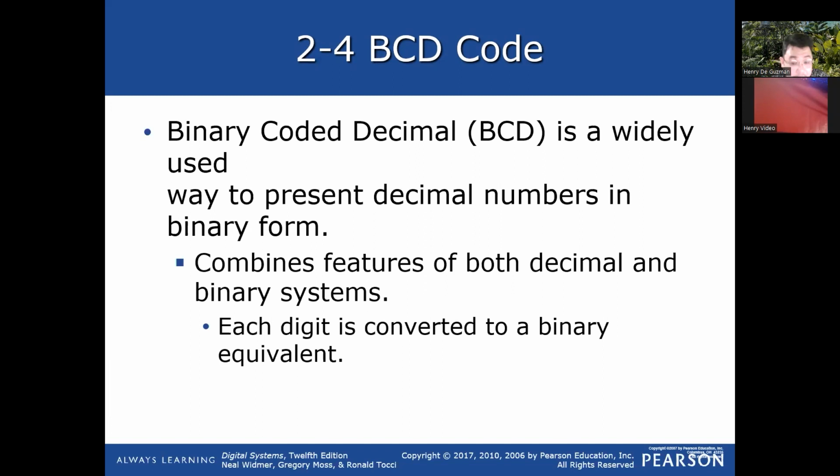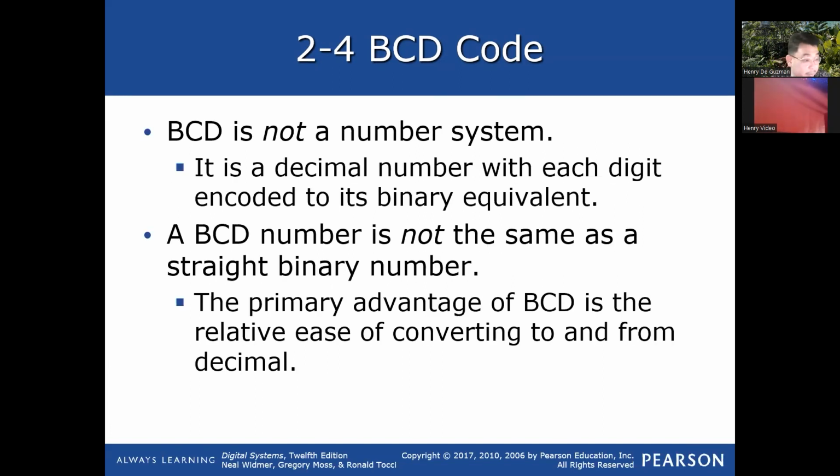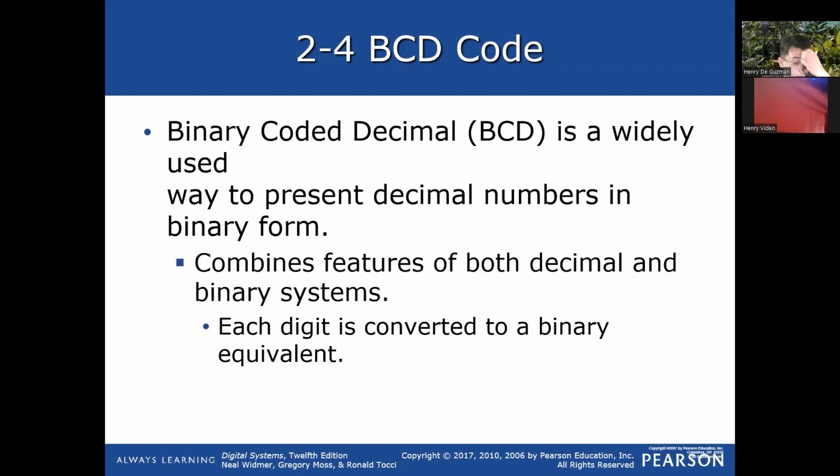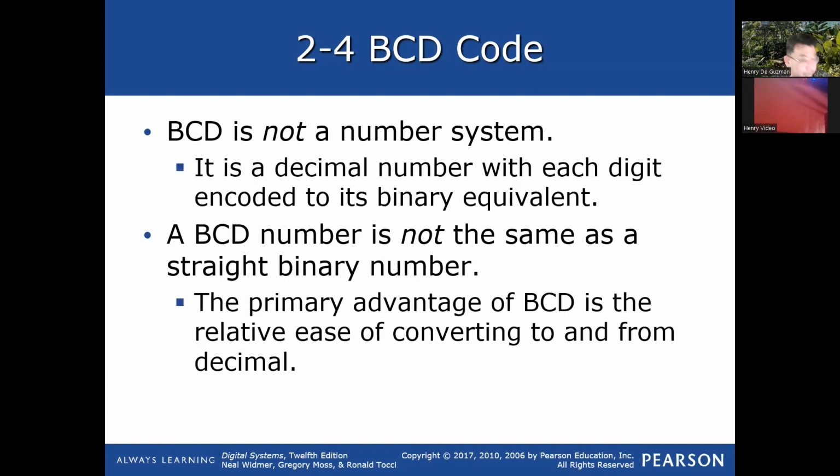Each digit is converted to its binary equivalent. So it's always 4 bits, even though it's decimal. BCD is not a number system, it is just a code. It is a decimal number with each digit encoded to its binary equivalent. So the BCD number is not the same as the straight binary number. The primary advantage of BCD is the relative ease of converting to decimal form.